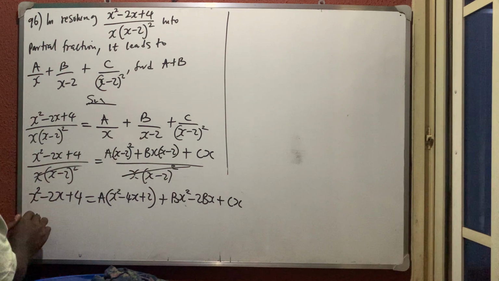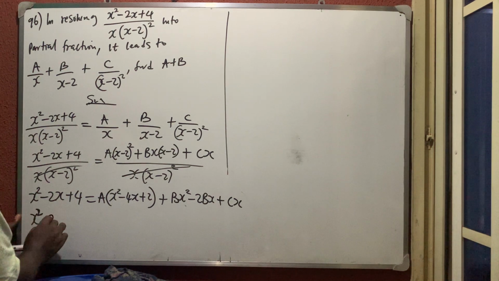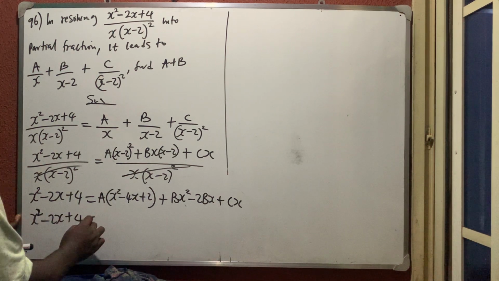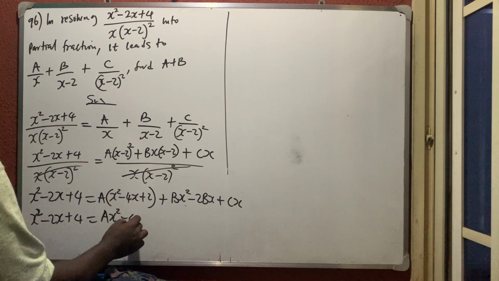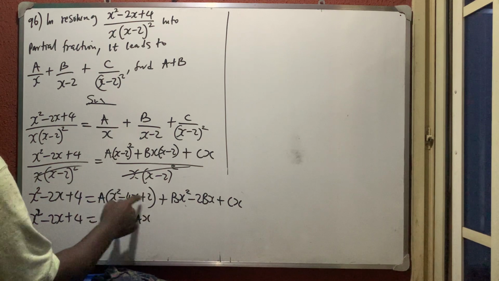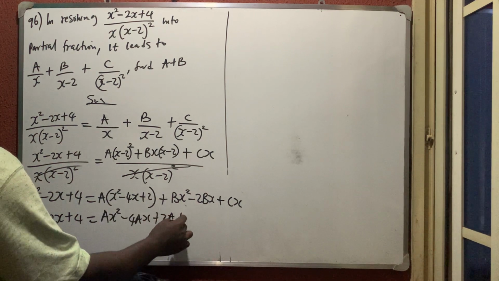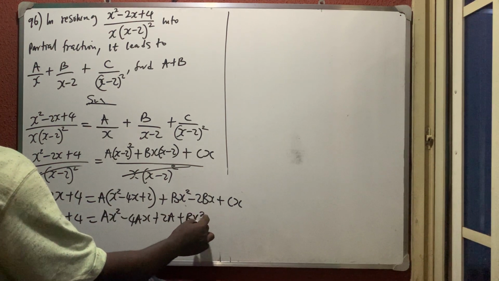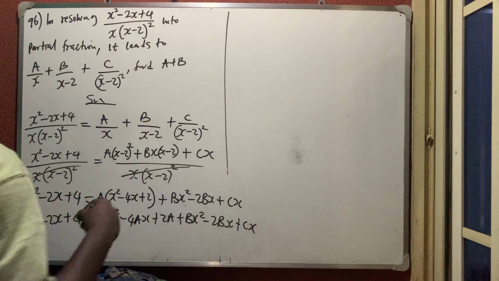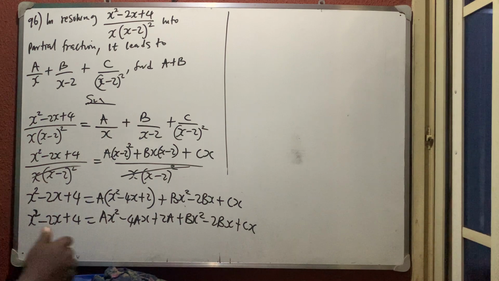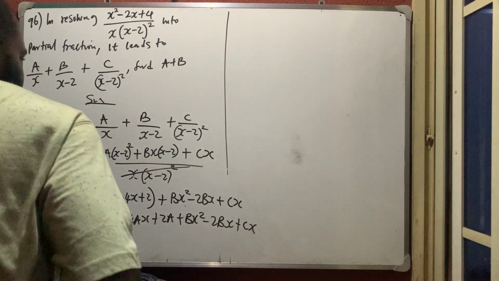So I'm having x squared minus 2x plus 4 is equal to Ax squared minus 4Ax plus 4A, then plus Bx squared minus 2Bx plus Cx. Okay, so now let us do the magic.